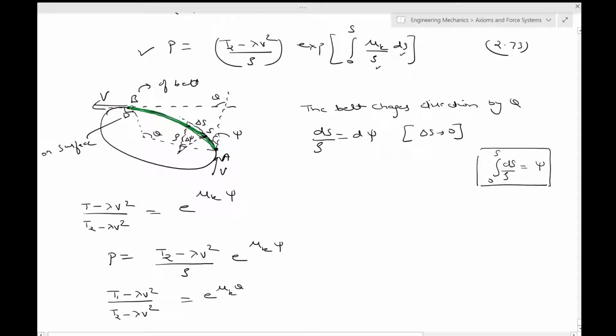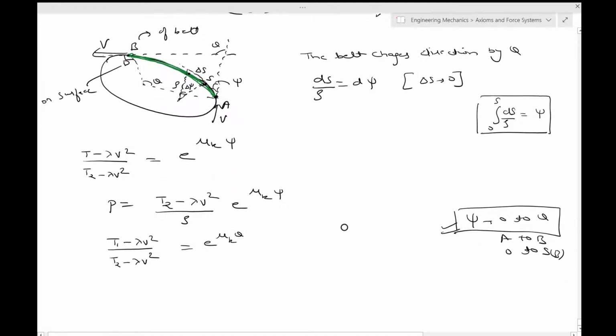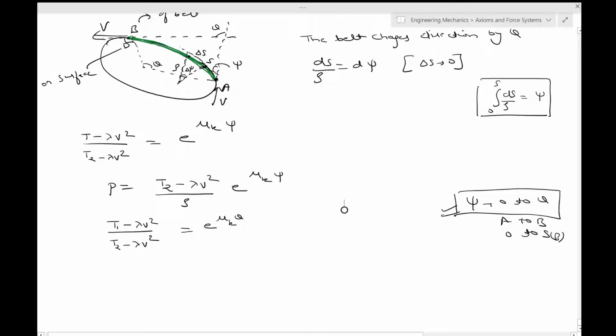Because then you want this psi to go from 0 to theta, or from A to B, or from 0 to s, and s is like s of B, so all of them mean the exact same thing. So you have replaced T by T1 over here. Obviously the angles psi and theta are in radians.